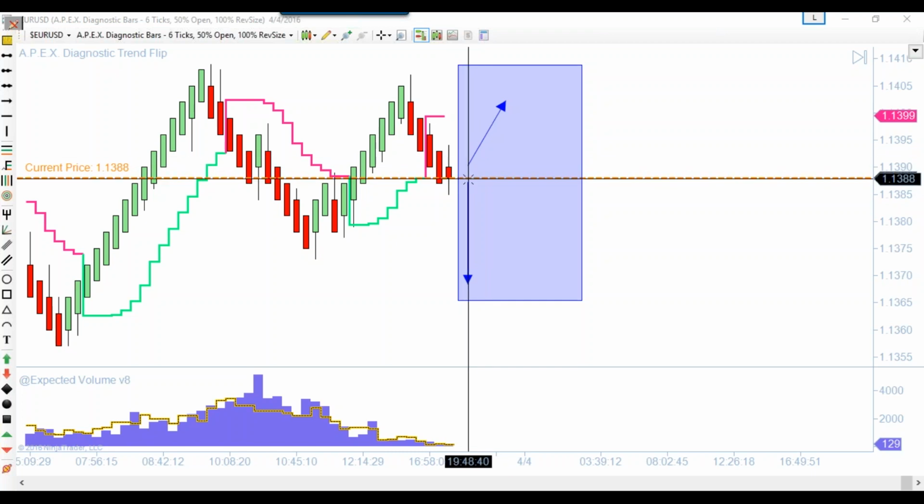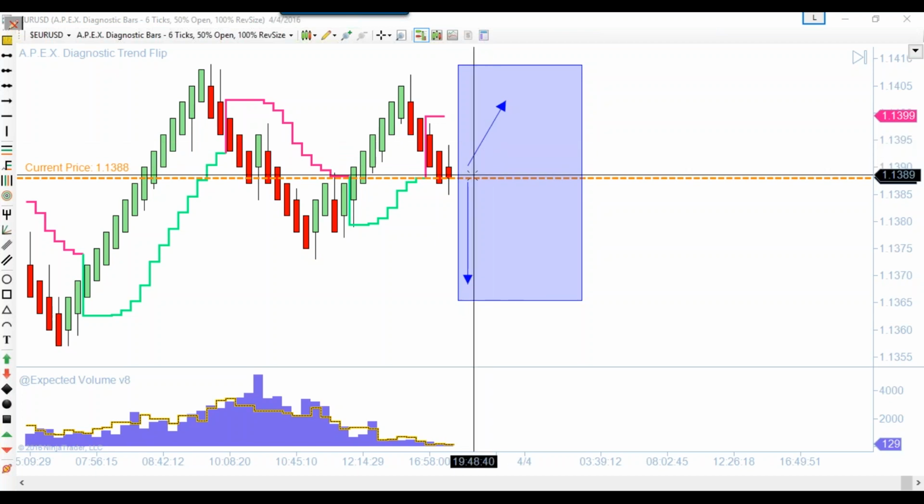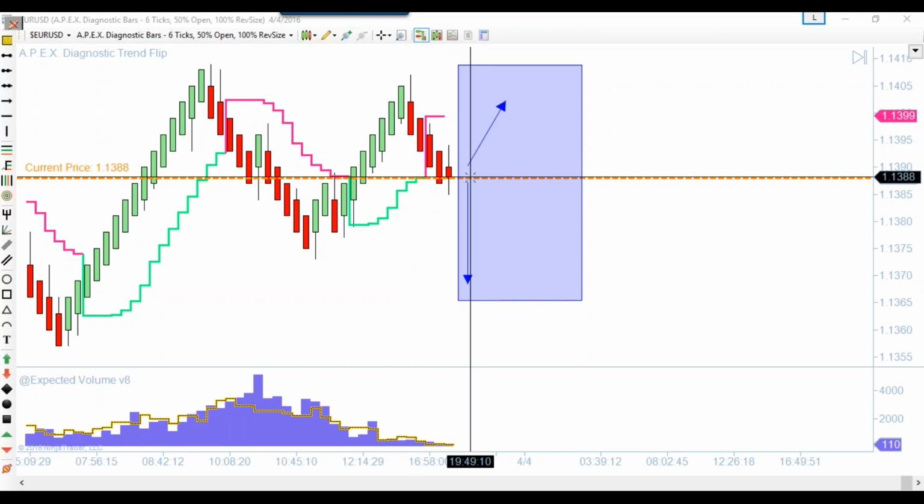On that $80 binary, let's say the market goes up 5 pips, it closes 5 pips above my binary strike. I win the binary, correct? The binary is profitable, correct? What's the most I can make on an $80 binary? 20 bucks, because at expiration it's worth 0 or 100.